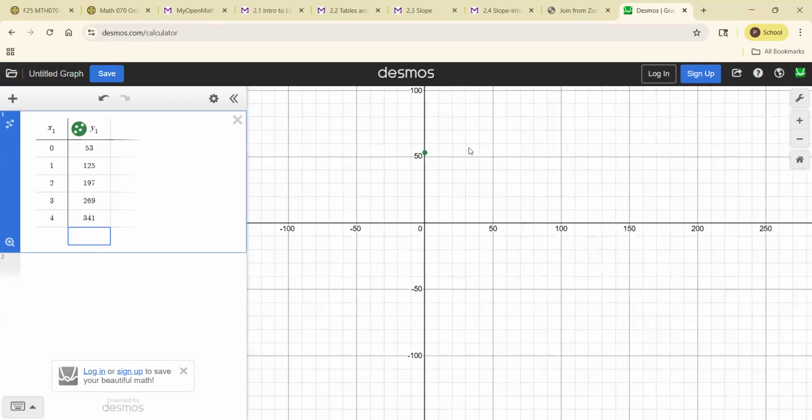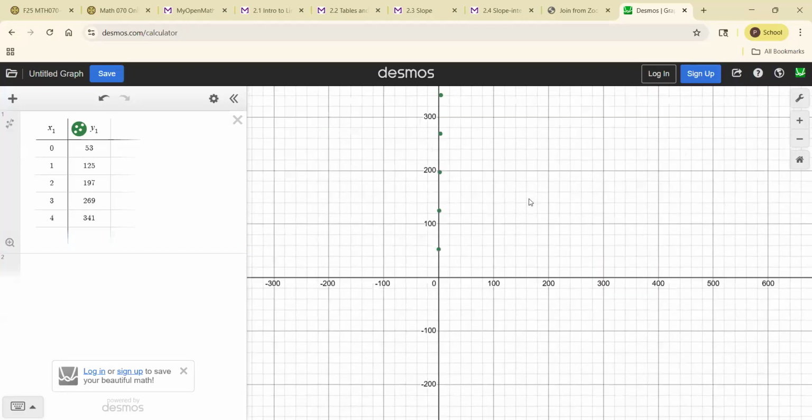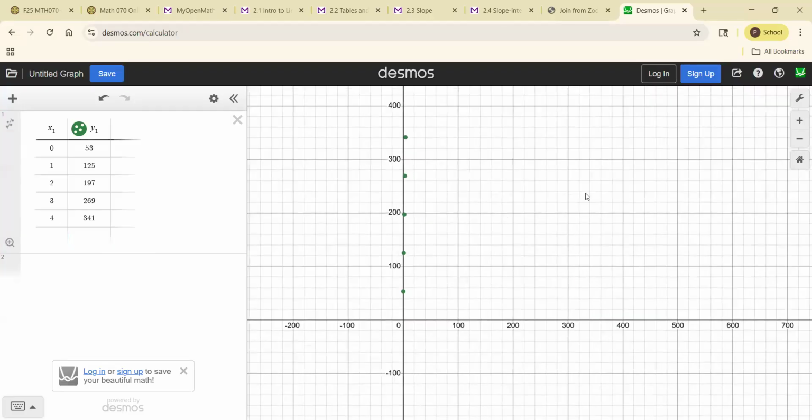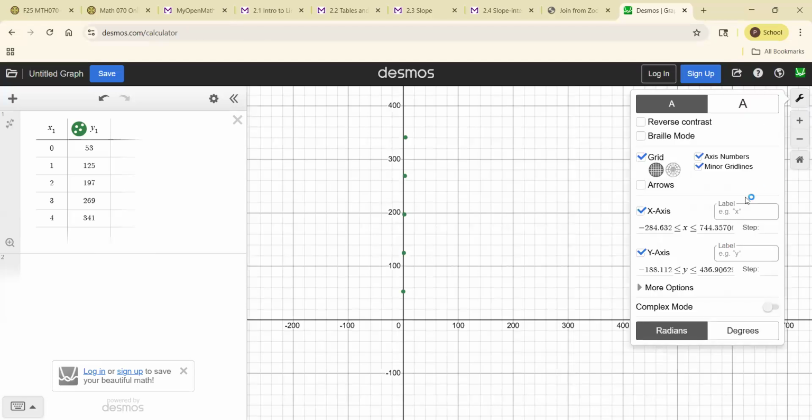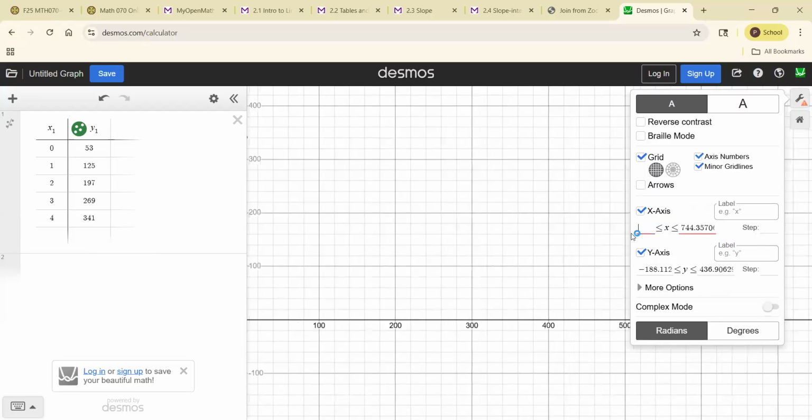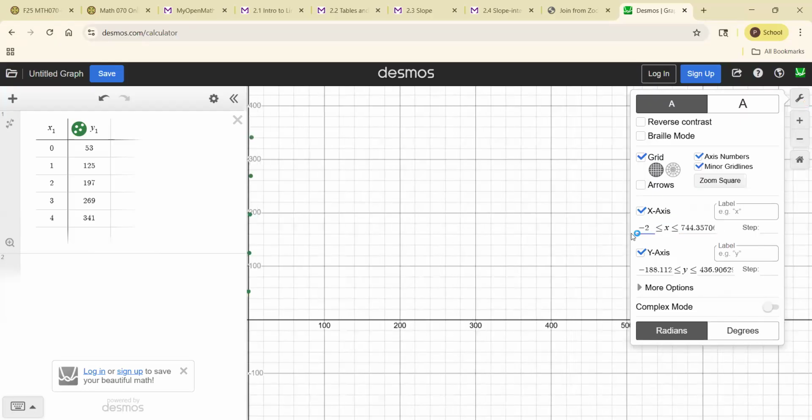Kind of hard to see, I will admit, because of the scale. So this gives me a chance to show you something else you can do with Desmos. If you come up here to this wrench, you can change your x-axis. Well, our smallest x was 0. I'll put in -2 just so we can actually see. Our biggest x was 4, so I'll put in 10.